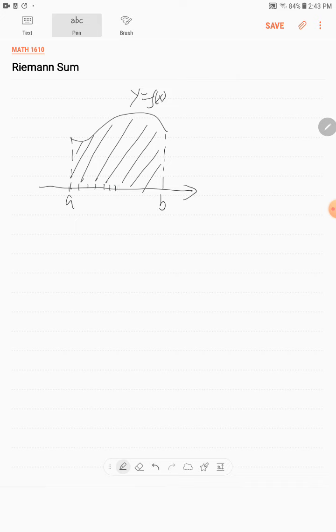Divide our AB interval into several subintervals. Then we make some rectangle on each subinterval.